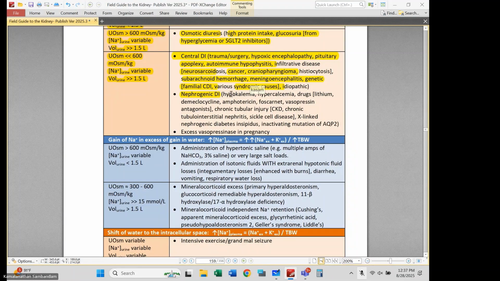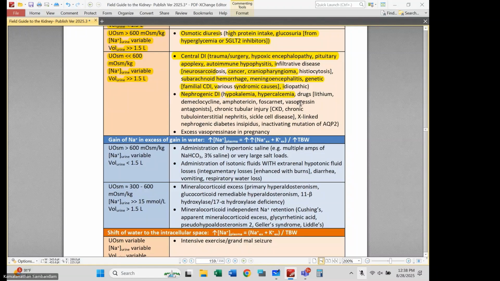Okay. Nephrogenic DI, the acquired things to be aware of: the electrolyte disturbances that can cause inappropriate response to ADH include profound hypokalemia as well as hypercalcemia. Hypercalcemia is something that we see not infrequently in, for instance, the cancer wards.